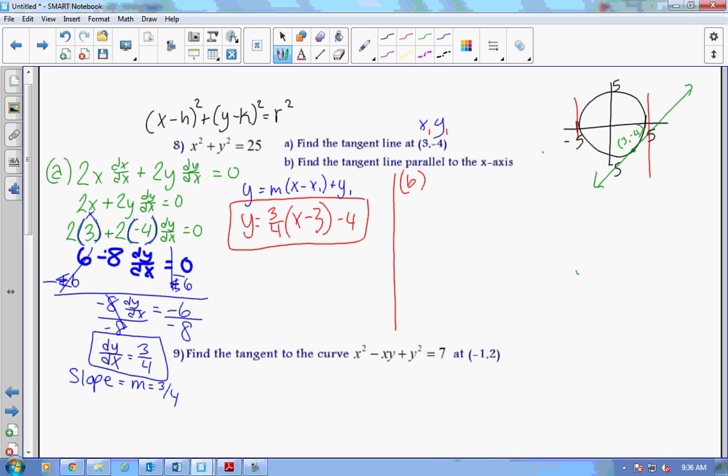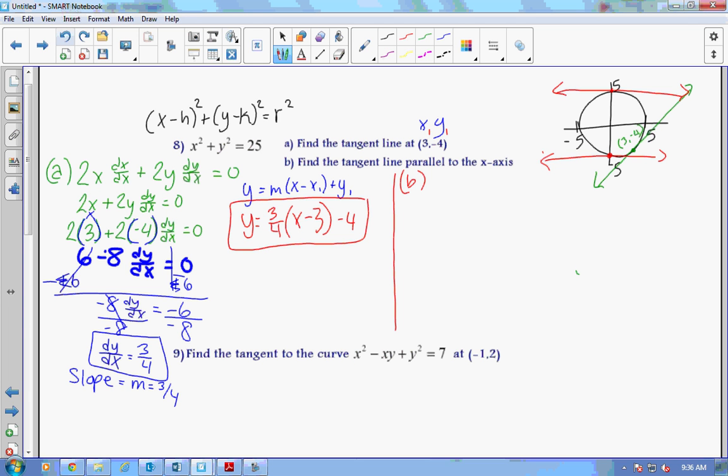Here and here. So there are actually 2 places, right? There and here.